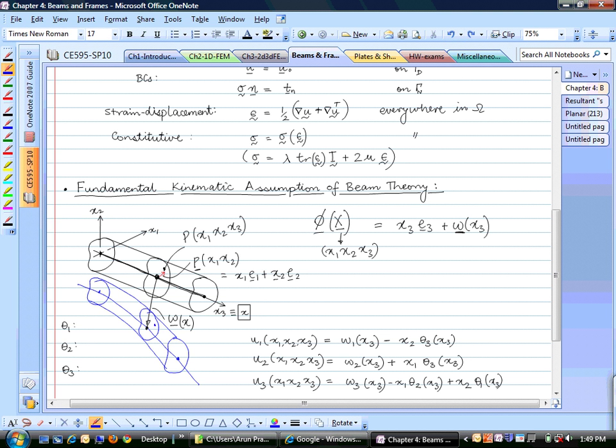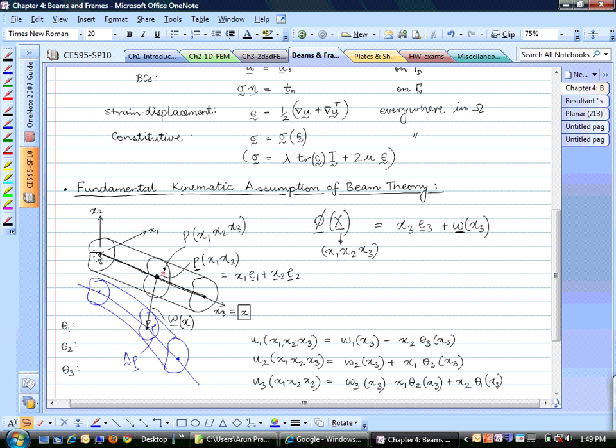In the new cross section, this point might be somewhere here. So this vector is going to be lambda applied to p, where lambda is the rigid body rotation of a cross section. There are infinitely many cross sections along the length of the beam, and at this particular cross section, the rotation we are seeing is given by lambda.